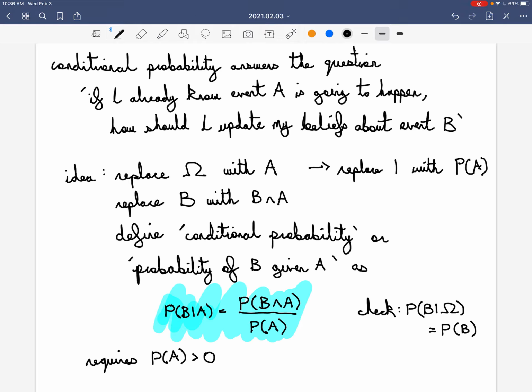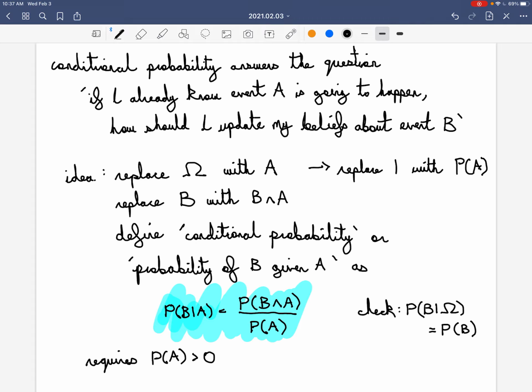And in order to get the unit interval axiom and the axiom of certainty to work out properly, we need to think of the procedure of replacing the whole sample space with A as incorporating a mathematical procedure where we replace 1 with the probability of A. So instead of having the probability of B divided by the probability of the whole sample space, which is just the probability of B divided by 1, which is the probability of B, we're going to look at what's highlighted in the teal formula.